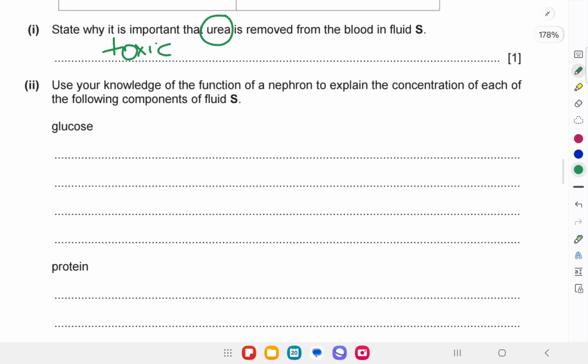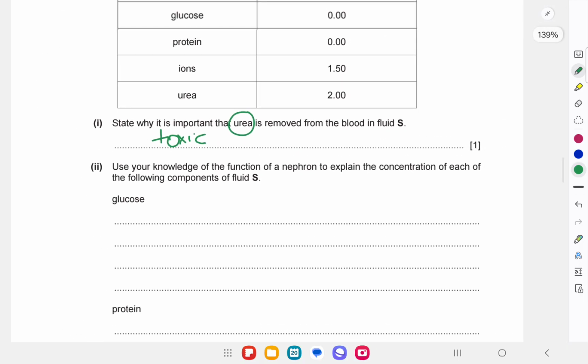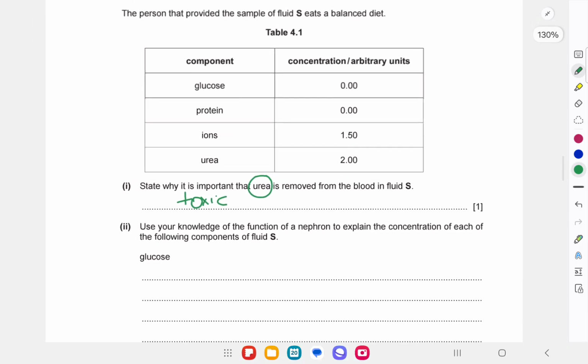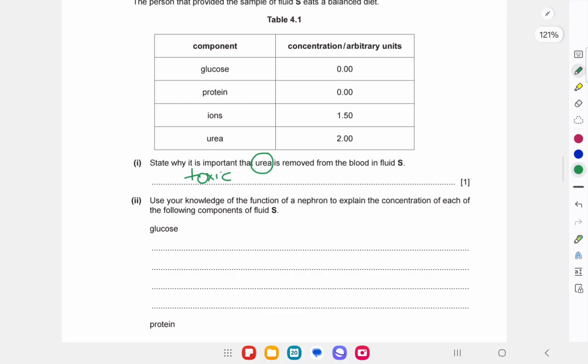Use your knowledge of the function of a nephron to explain the concentration of each of the following components of fluid S. Okay, glucose enters the Bowman's capsule, it enters the nephron, but it is removed back from the filtered content.